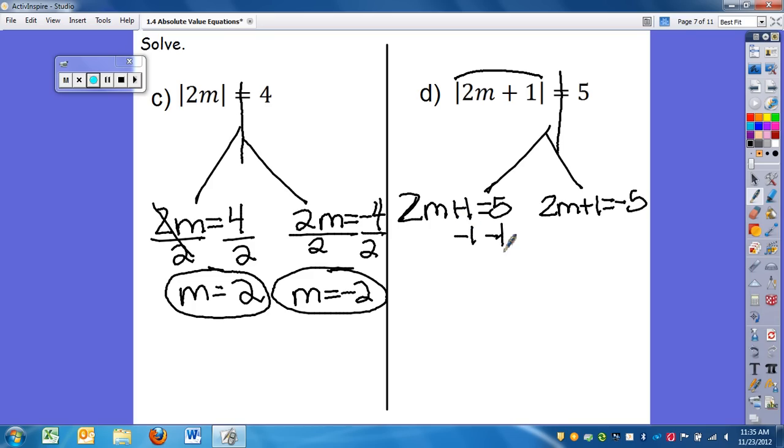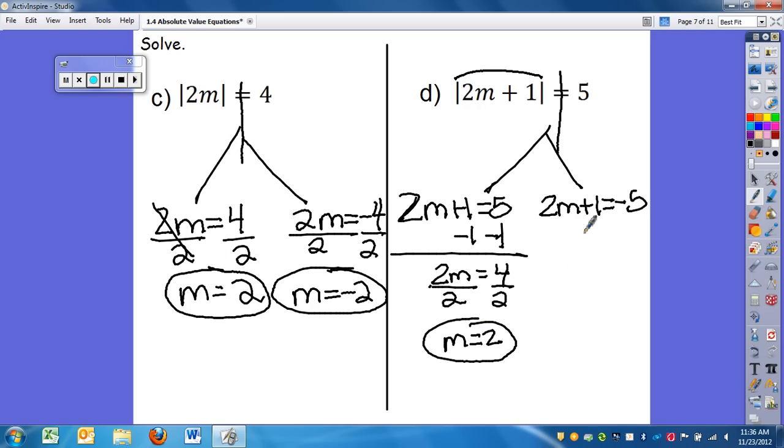Minus 1, 2m equals 4, divide by 2, m equals 2 as one solution. And we're going to minus 1, 2m equals negative 6, divide by 2, m equals negative 3.